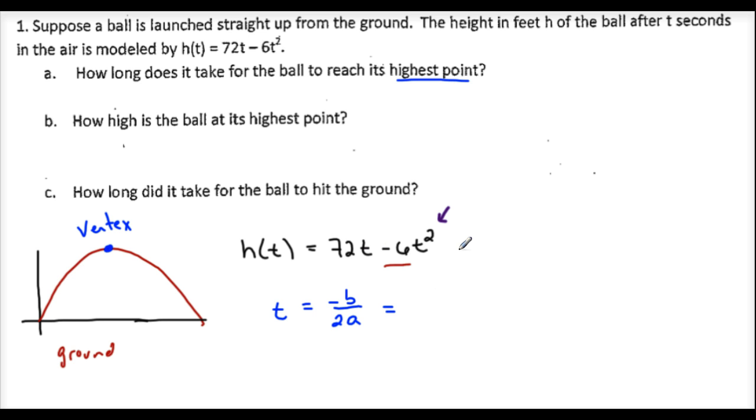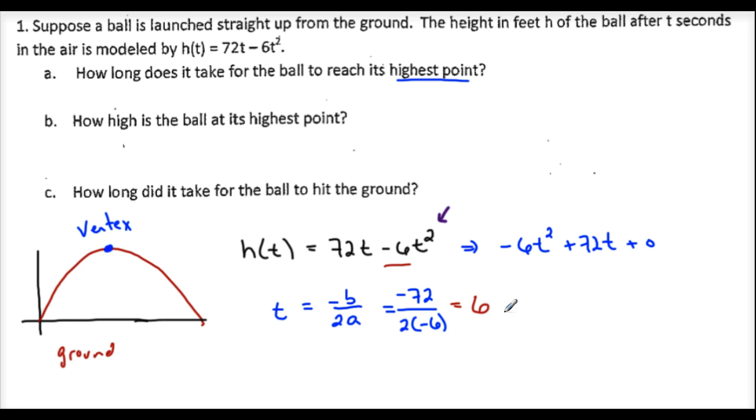This should be written as negative 6t squared plus 72t plus 0. So my b here is 72, so negative 72 over 2 times a, which is 2 times negative 6. Negative 72 divided by negative 12, and I get an answer of 6.